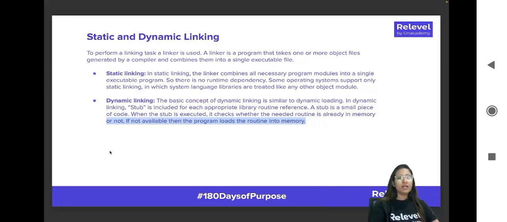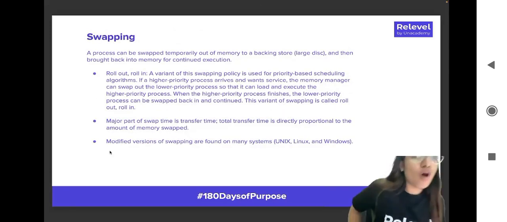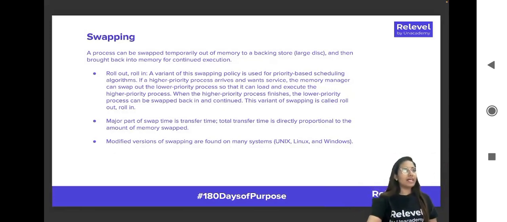All right, next we'll talk about the concept of swapping. Here I told you that each and every program is initially present in the secondary memory, and whenever a program starts getting executed, it becomes a process when some CPU or other resources are allocated to it.